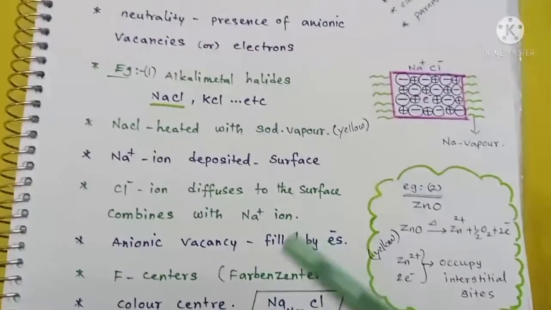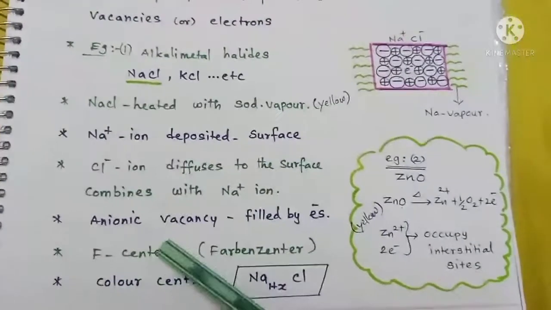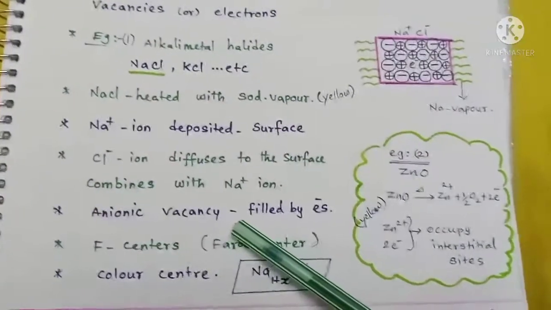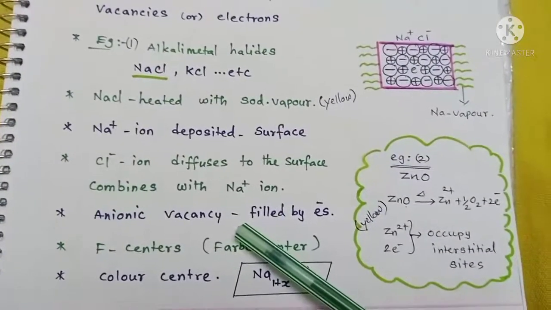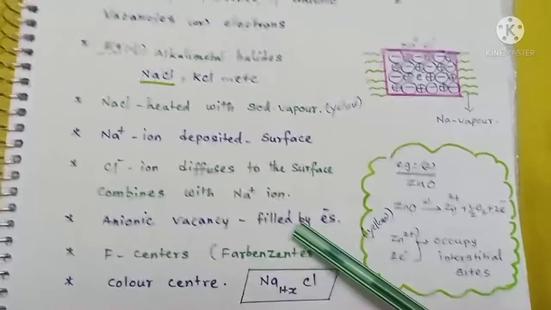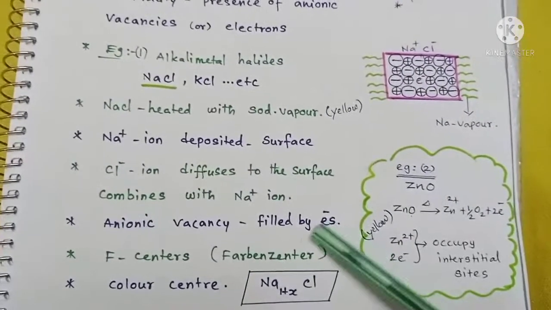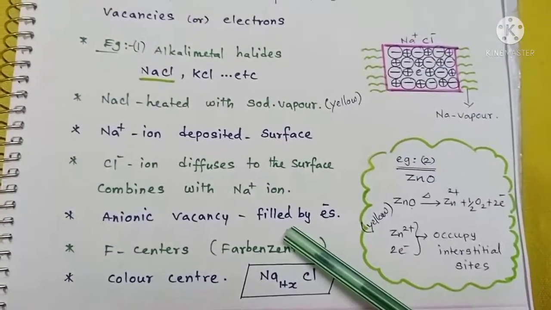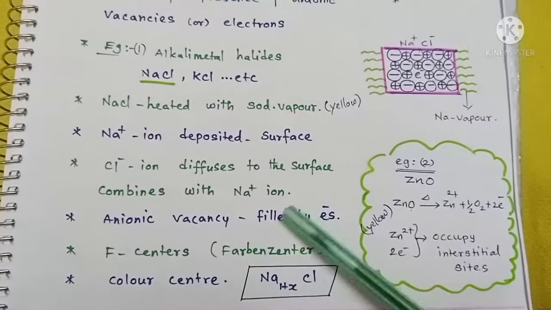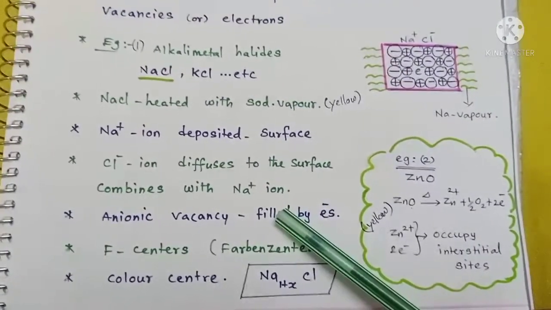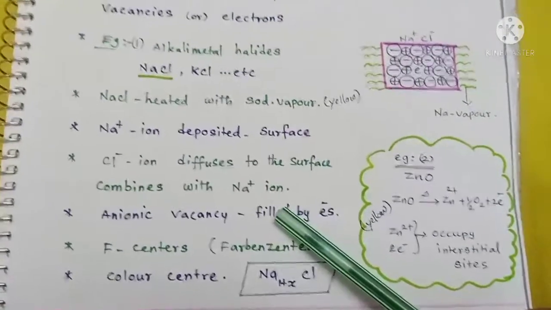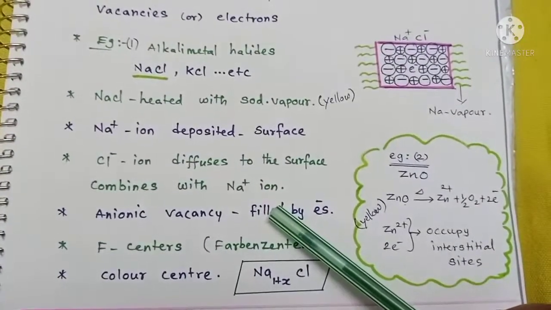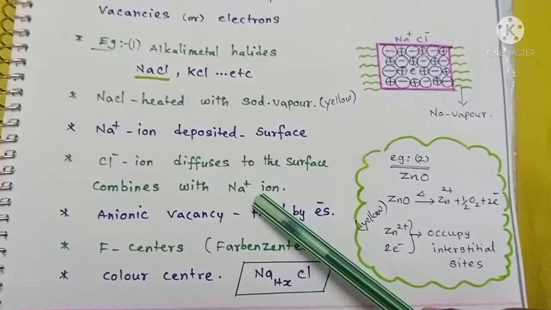But as a result of this, anionic vacancies are created inside the crystal. Those anionic vacancies are filled by the unpaired electrons which are produced during the formation of Na plus ion. When we heat sodium chloride in the presence of sodium vapor, the sodium atom present in the sodium vapor loses the electron and becomes Na plus ion.